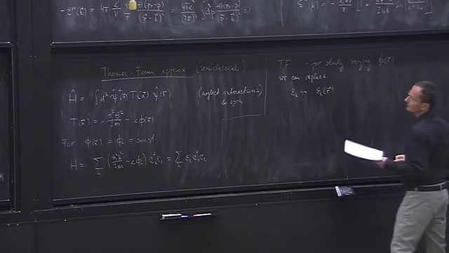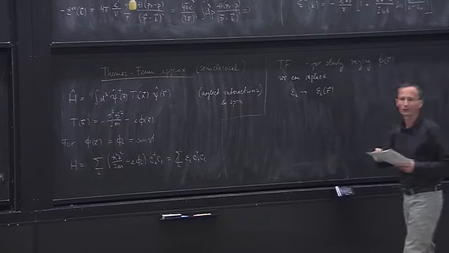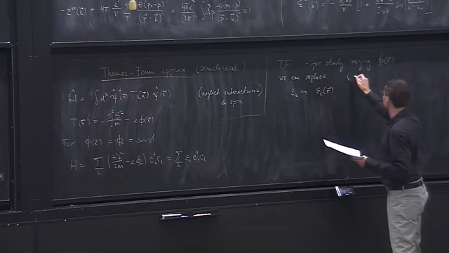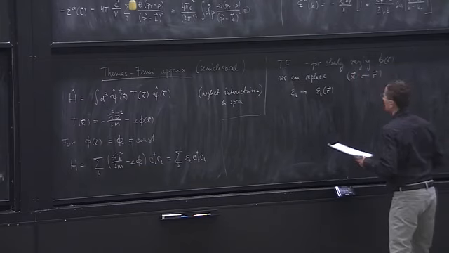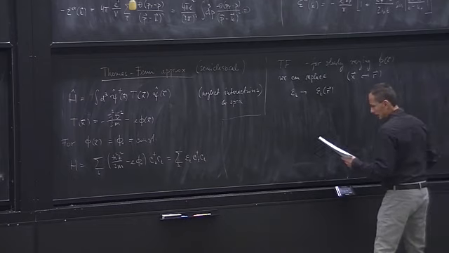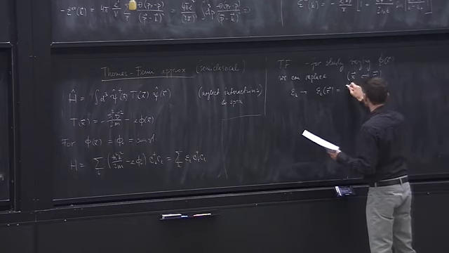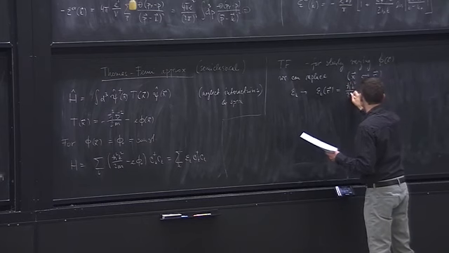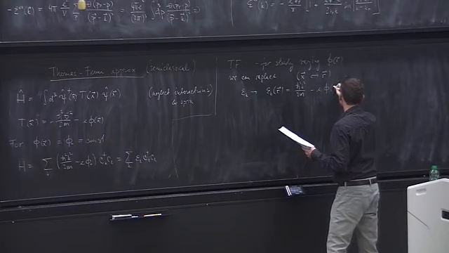For some reason I'm transitioning in my notes from x to r, so forgive me for this. And this epsilon k of r is simply h bar squared k squared over 2m minus e phi of r.